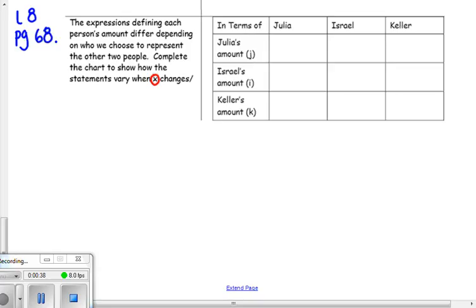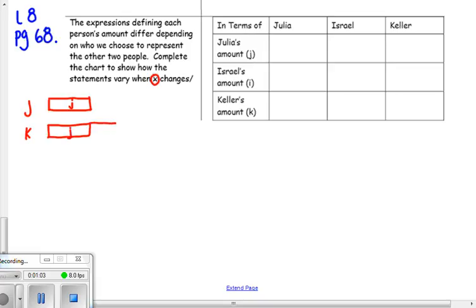Here's what we did. For Julia, we don't know how much money she collected, so we made a bar and called it J. Then we know that Keller raised $42.50 more than she did. So his bar is $42.50 more than Julia's.